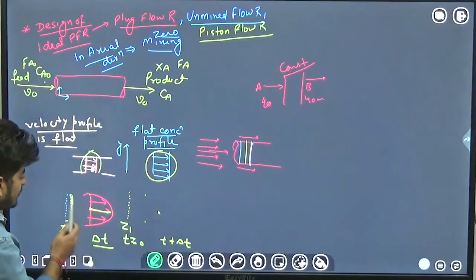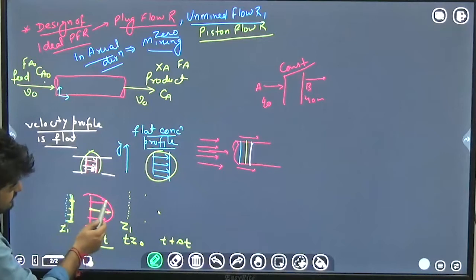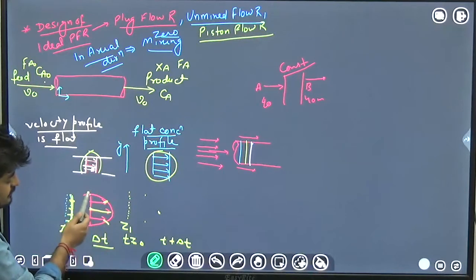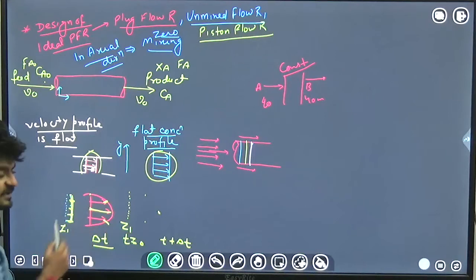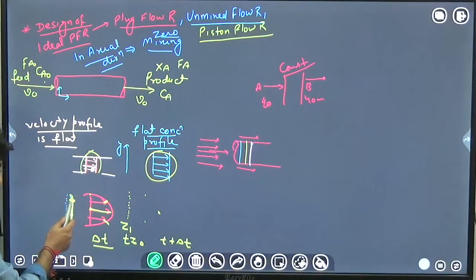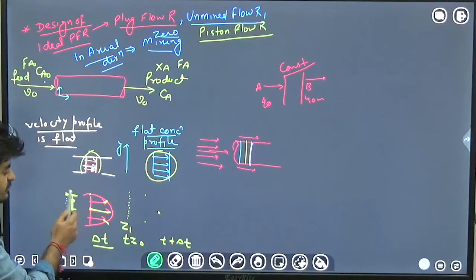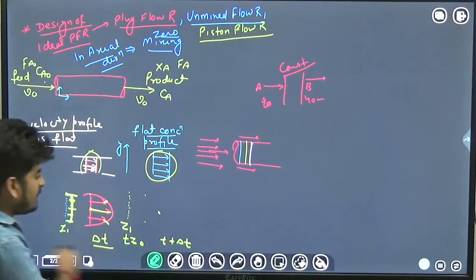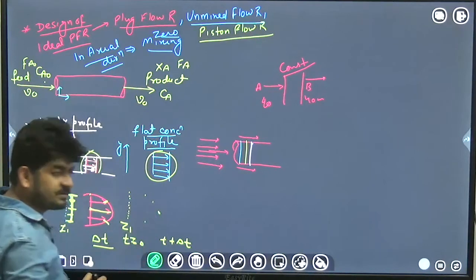Okay, and the molecules which are here have velocity between these top, bottom molecules and the central line molecules. If any molecule is here, its velocity is less than the central line velocity, but more than the velocity of the top molecule. So it will be somewhere at this point.